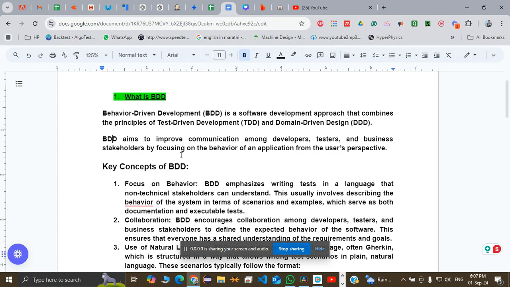So all in all, we can say that it's a very simple and understandable approach for technical as well as non-technical personalities, to understand the current functionality and what needs to be done as per the client's requirement.